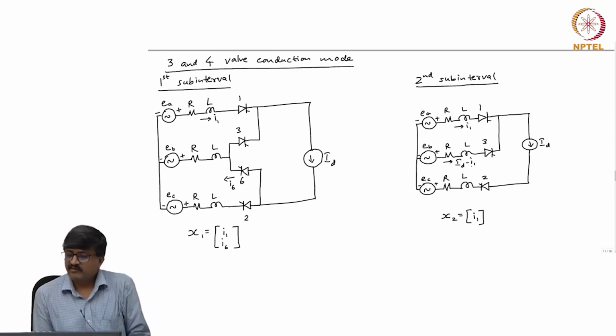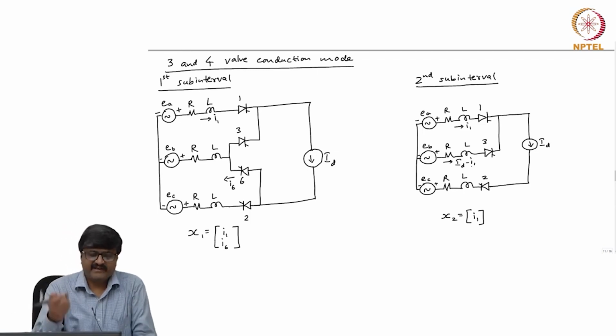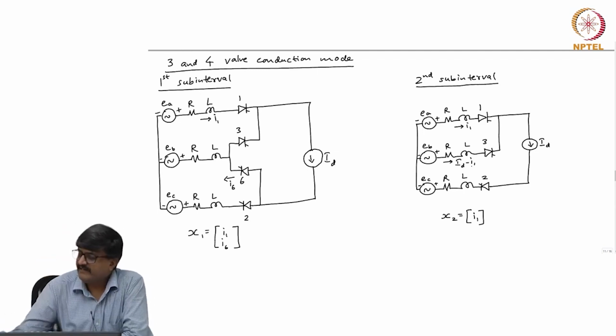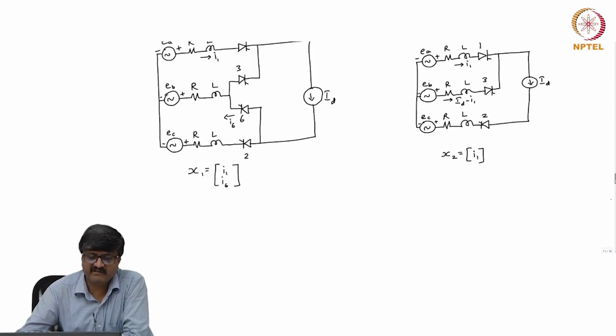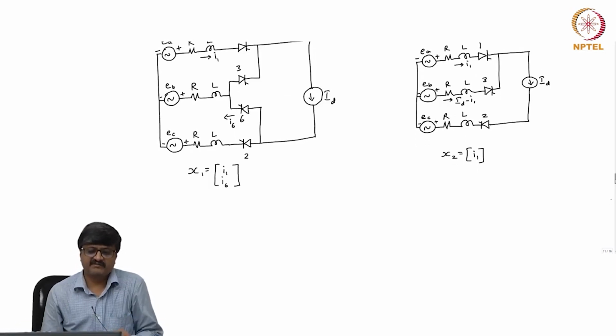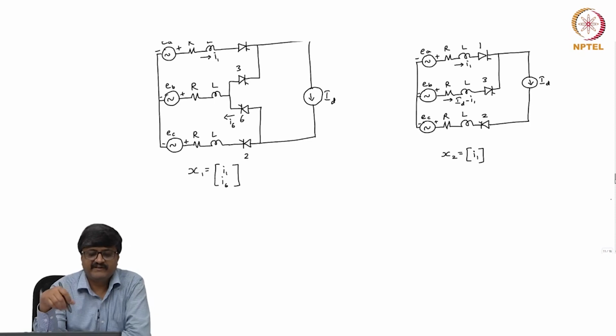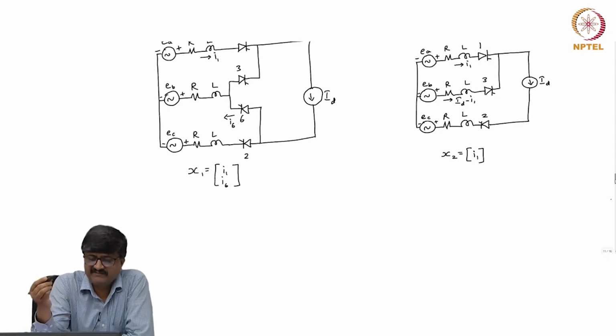So, the remaining quantities can be easily obtained if I apply Kirchhoff's voltage law. If I take the equivalent circuit of the first subinterval and apply Kirchhoff's voltage law, I have to find the two currents I 1 and I 6. There are 3 loops, one loop current is I d which is known. The other loop currents are to be determined.